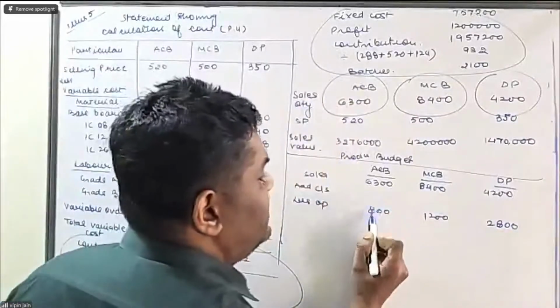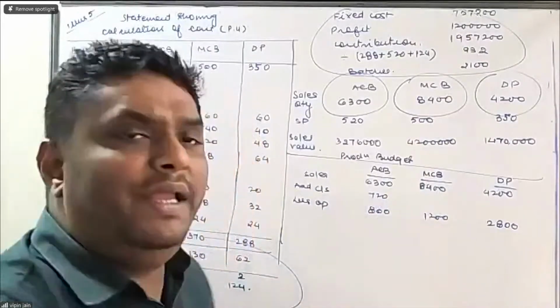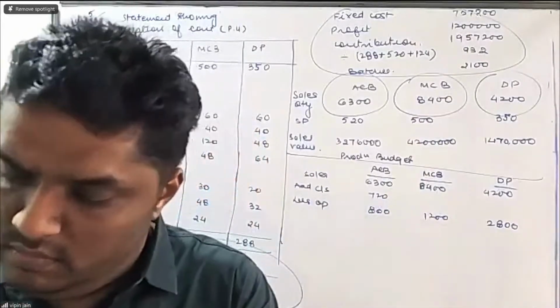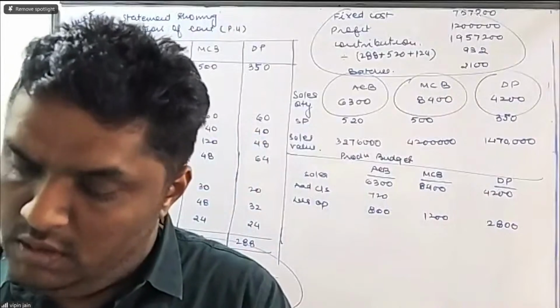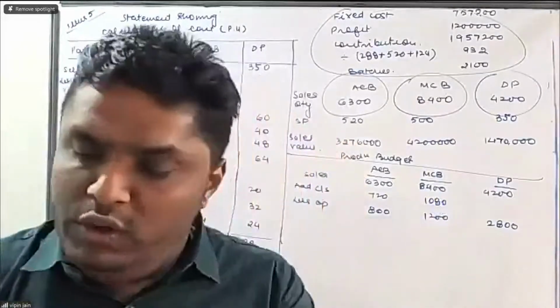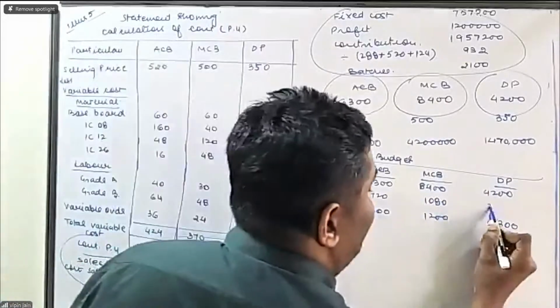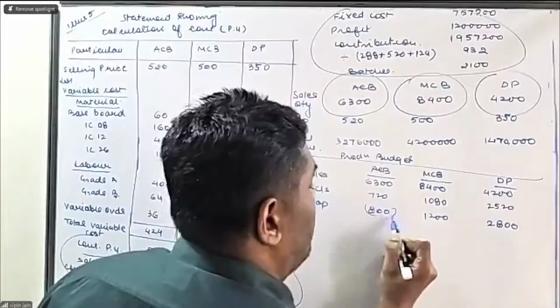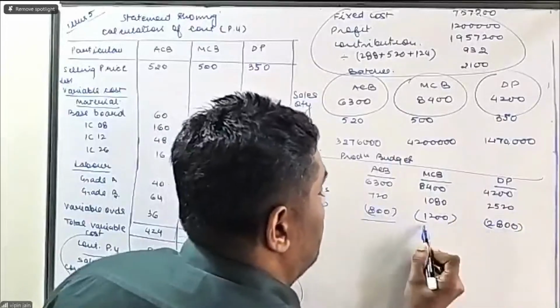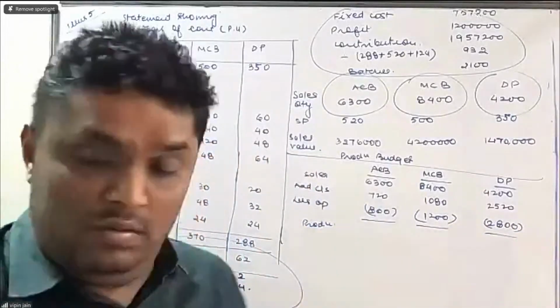So this will be how much? 800 minus 10%, 720. 1,200 minus 10%, this will be 1,080. And 2,800 minus 10%, so this will be 2,520. So we can easily calculate the production also.